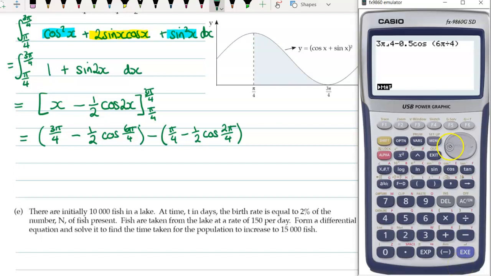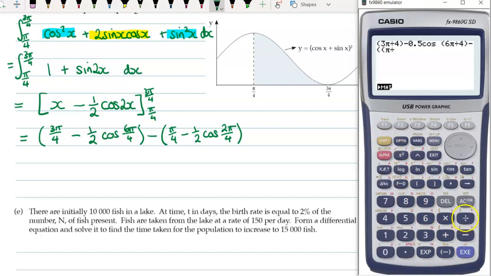I just want to double check I've got all the brackets in the right place, because sometimes fractions go a bit weird on the calculator. Okay, so we've got that one, and then take away, actually let's do another bracket just in case.